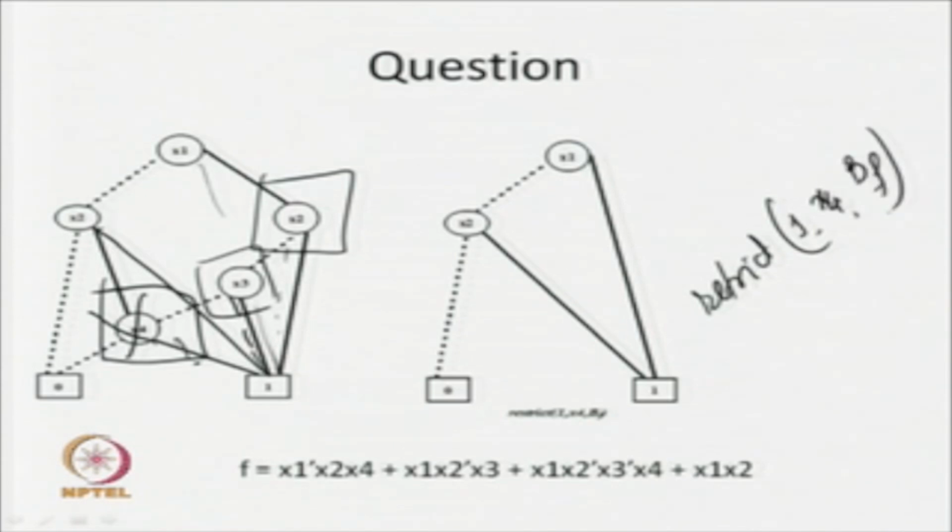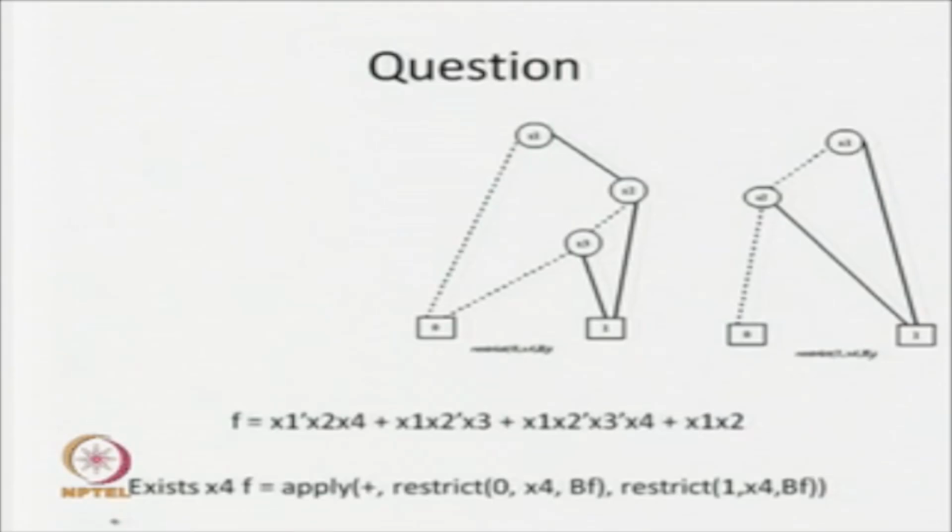So, we now know the BDDs for this given function, and we have the OBDDs, or even I can say the ROBDDs, for restrict 1 x4 bf and restrict 0 x4 bf. Once I have these two BDDs, I can look for exists x4 f.